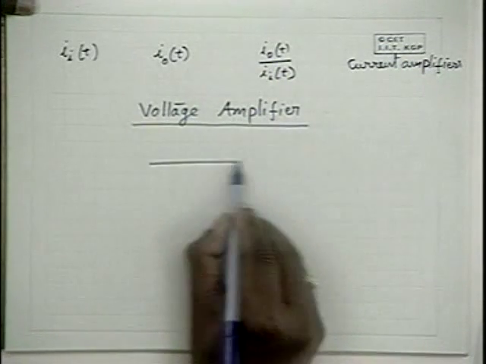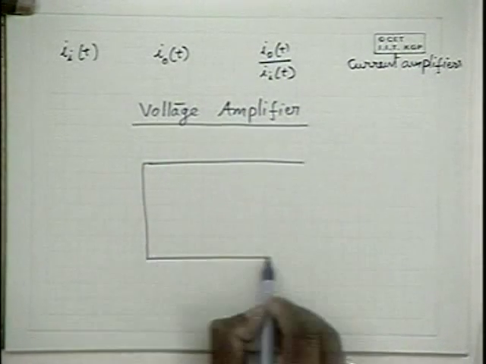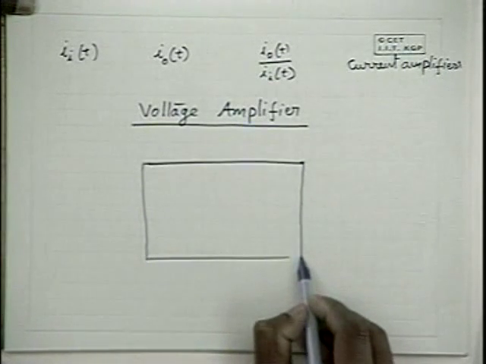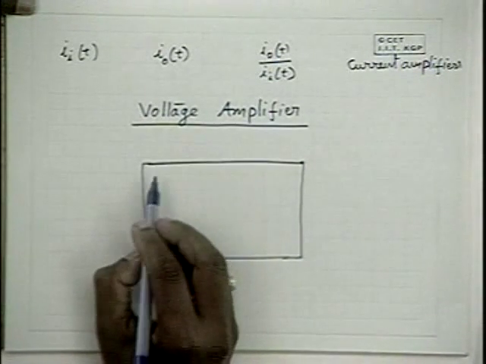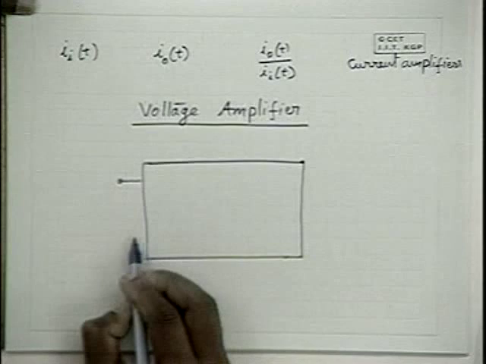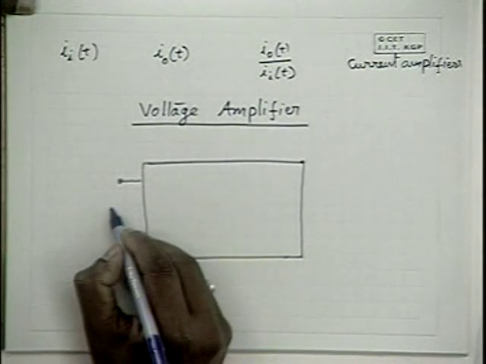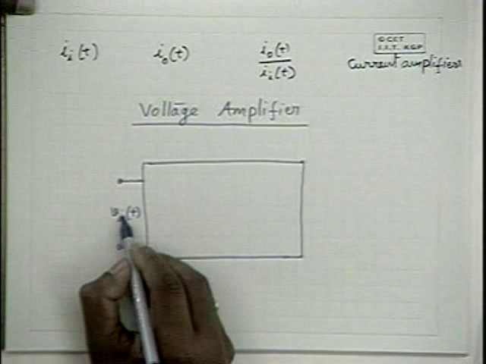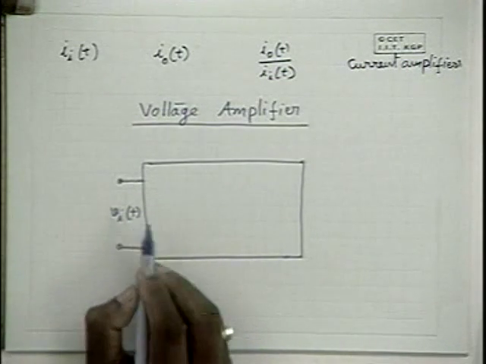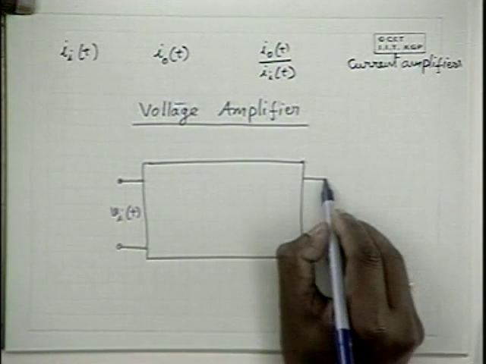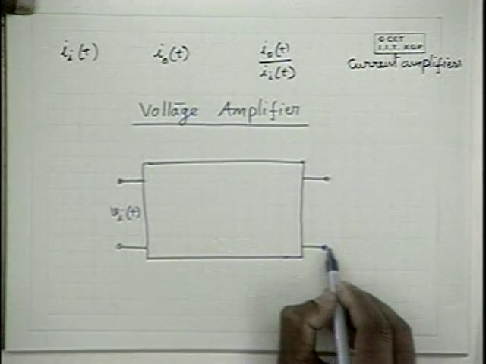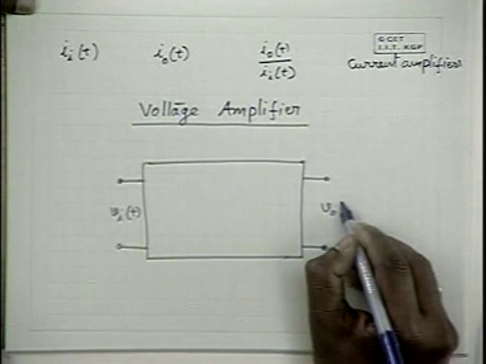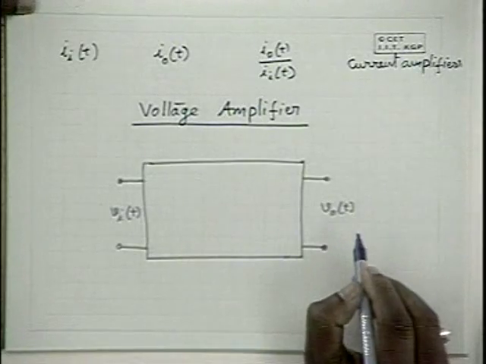Now an amplifier takes an input voltage VIT, and under open circuit conditions it gives you a voltage source voltage VOT.